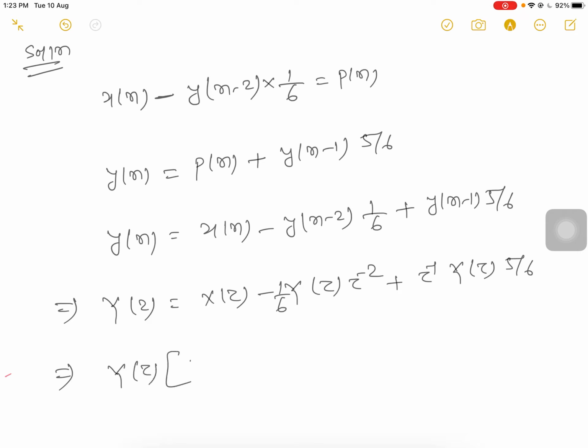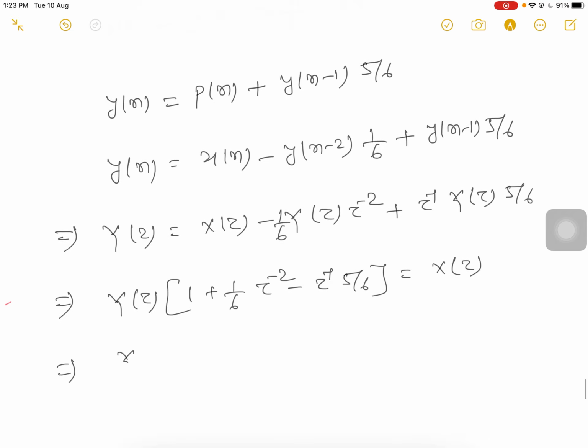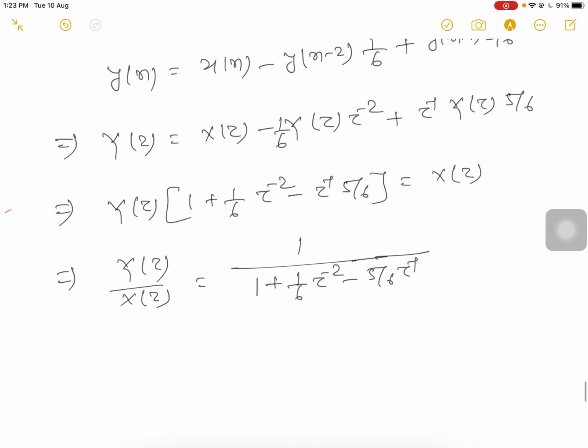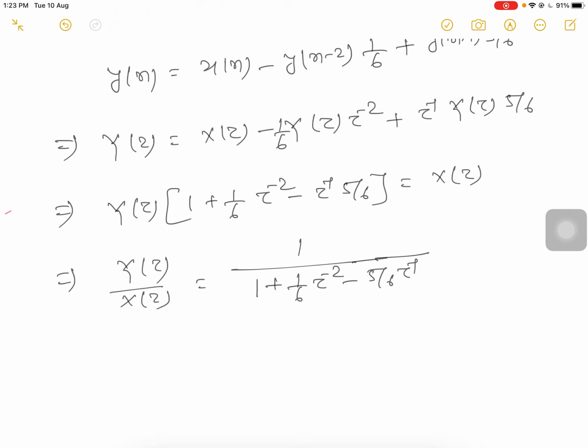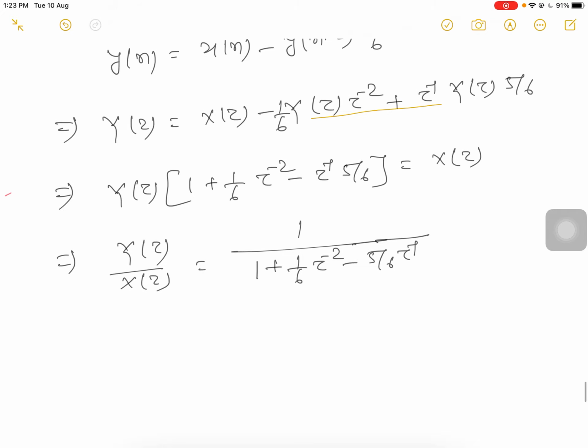Then Y(z) times (1 plus 1/6 z to the power minus 2 minus 5/6 z inverse) equals X(z). Then Y(z) upon X(z) is equal to 1 by (1 plus 1/6 z to the power minus 2 minus 5/6 z inverse). Then we have to factorize it.